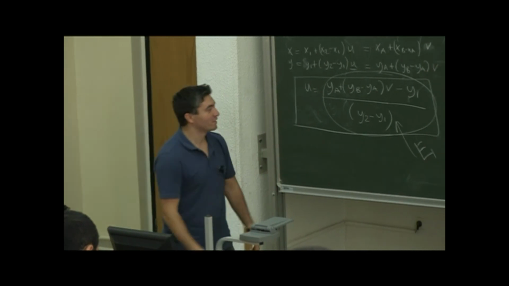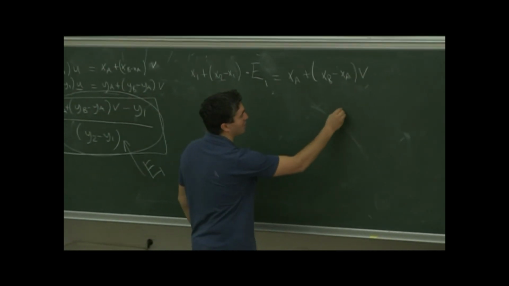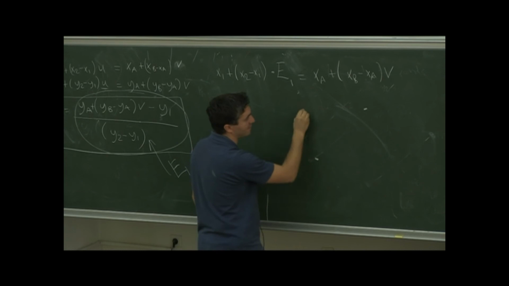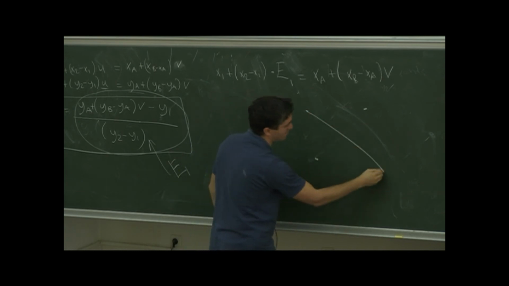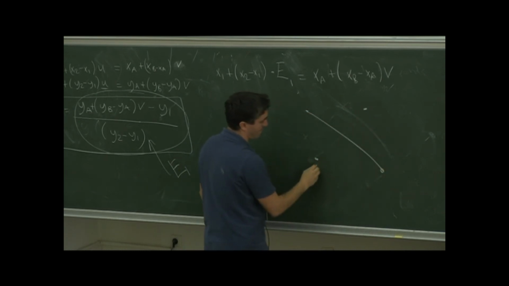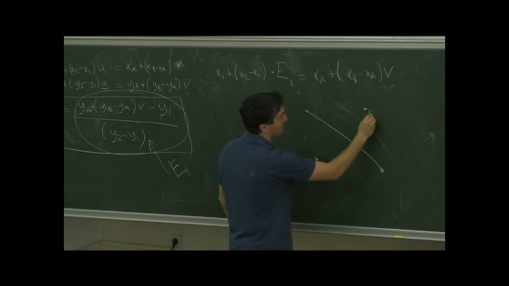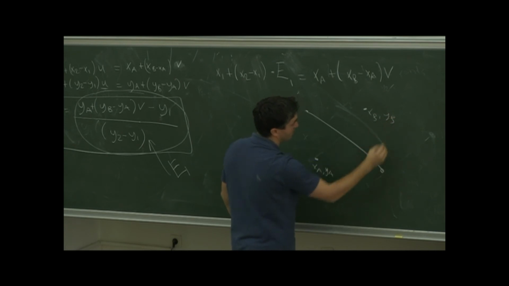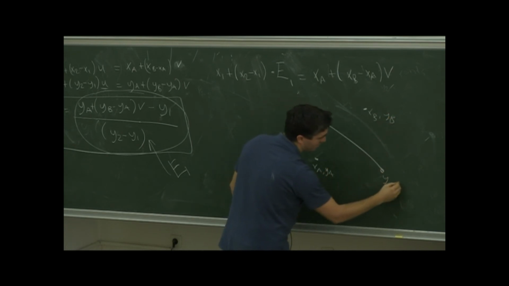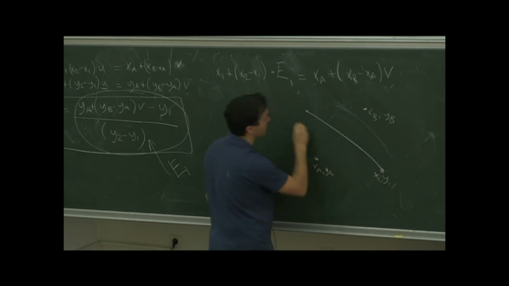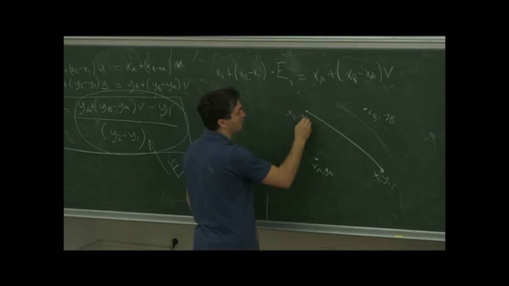Now, let's see what we need to do for the other test. We have xa, ya, xb, yb, and x1, y1, x2, y2.